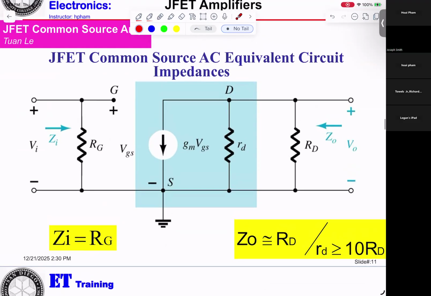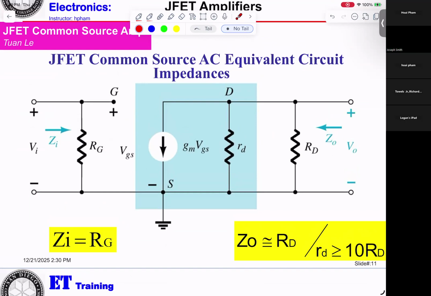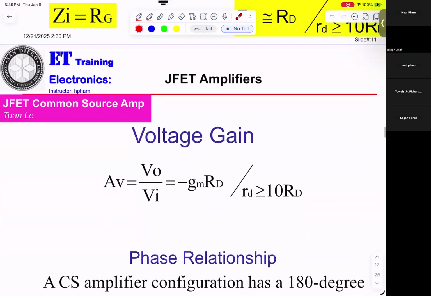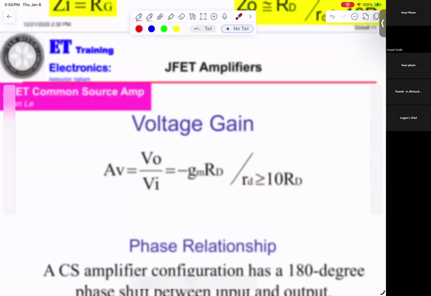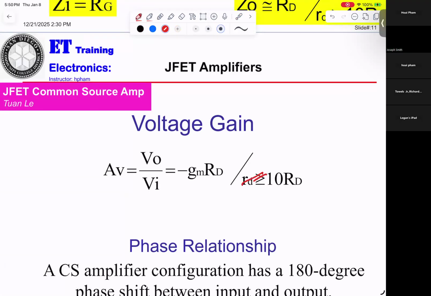So you see that's very simple. And the gain: AV equals minus GM times RD. We're not using that internal resistance, so you can ignore that, because it's too high.